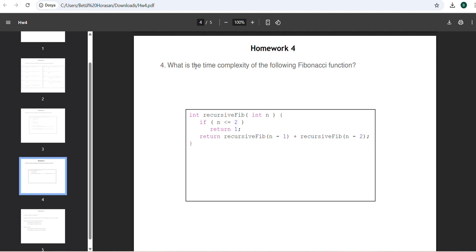Since Fibonacci numbers grow approximately by a factor of around 1.6, the time complexity of this function is O(2^n). This is exponential complexity, which is very inefficient because the computation time increases rapidly as n grows. A more efficient approach would be to use dynamic programming or an iterative method.